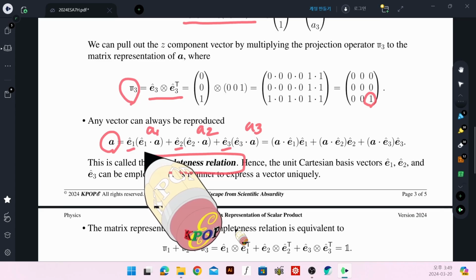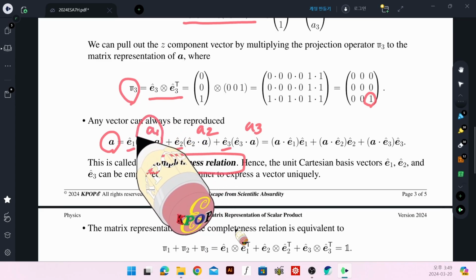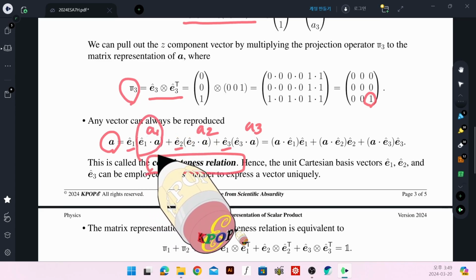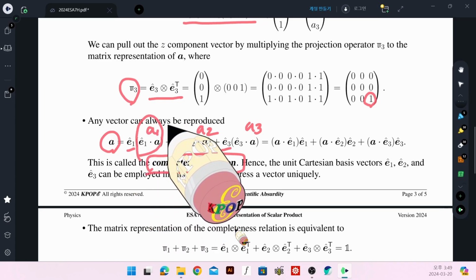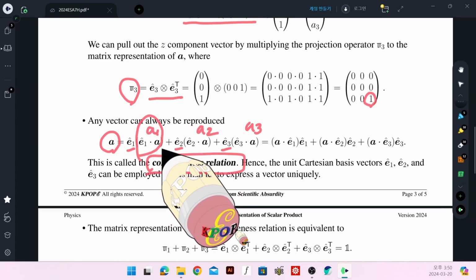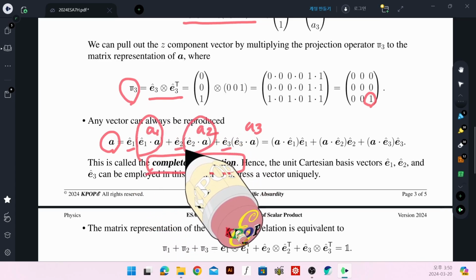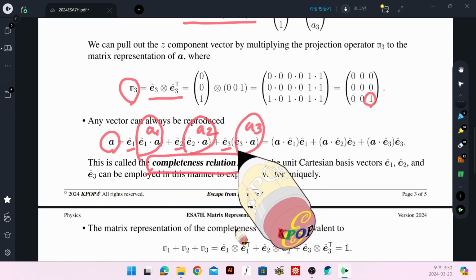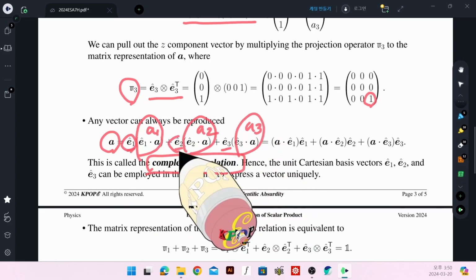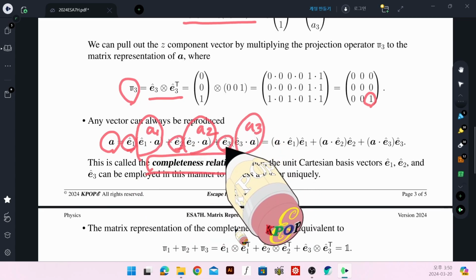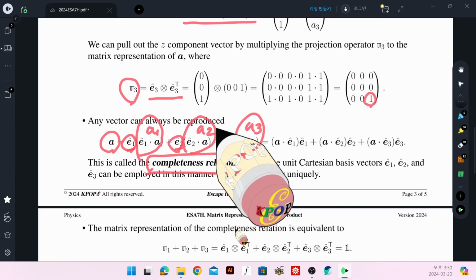This projects out the scalar that is called the Cartesian component along the x, y, and z axis, and then we multiply by the unit basis vector corresponding to that axis.